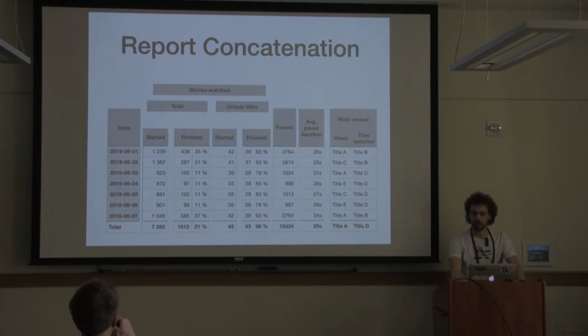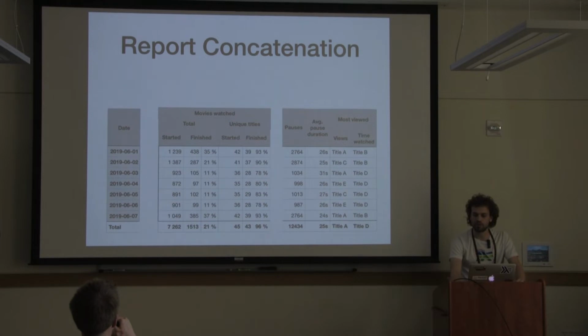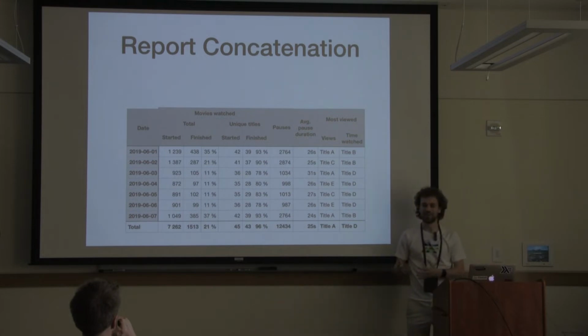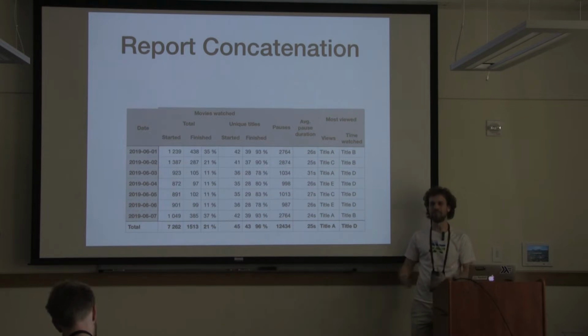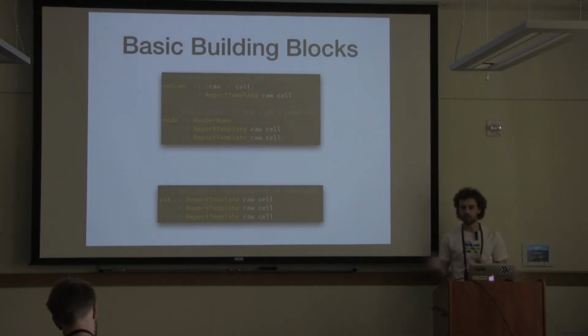Okay, and now we can put more headers and then concatenate some more, put more headers, concatenate, put more headers, concatenate, and there's our report. Okay, so I hope this visualization helps understanding the idea of what is going to happen in the code. Okay, any questions so far?